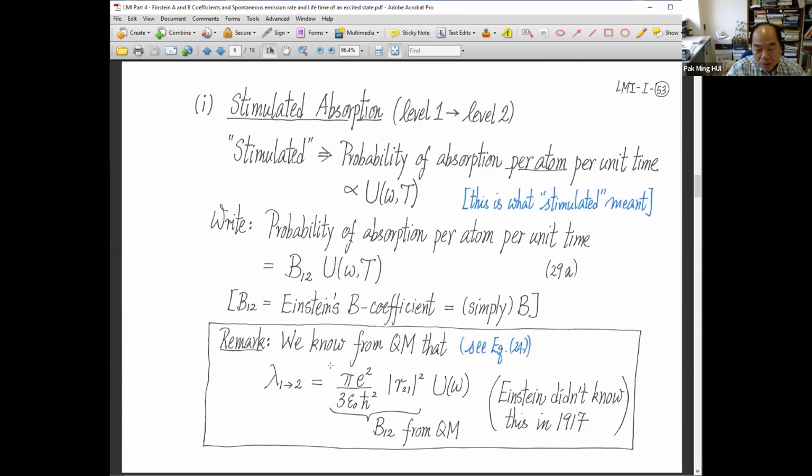We know the B coefficient. This is the per atom per unit time. We work on one atom and then divide the time through, we got lambda. So this is exactly what this thing is about. Okay? And therefore, this is our result for B12. All right? So you must appreciate what you know. You already know something that Einstein didn't know.